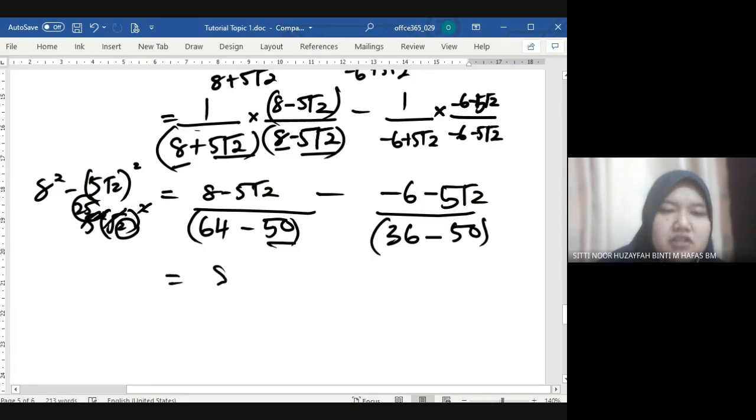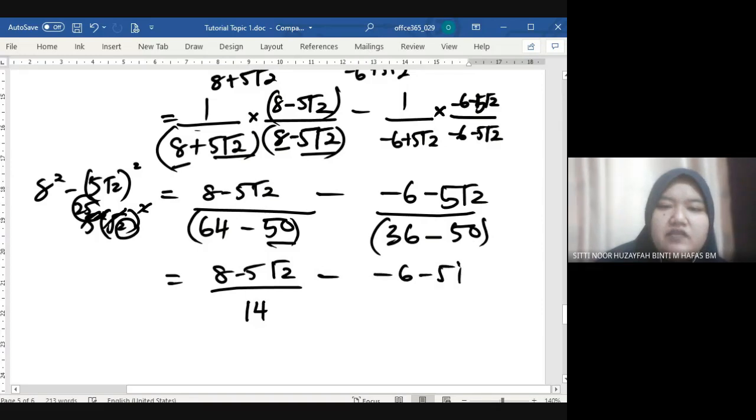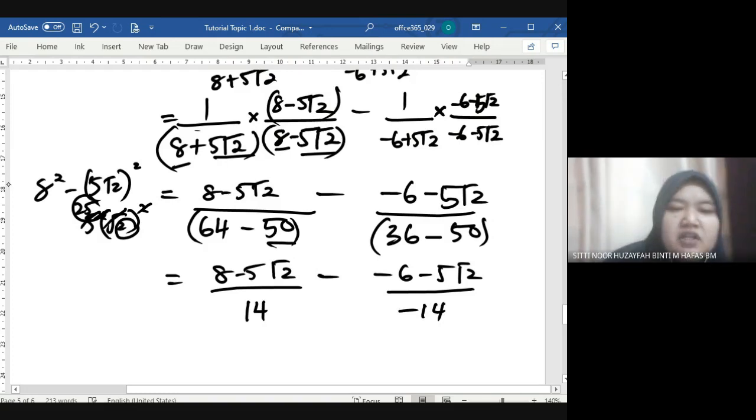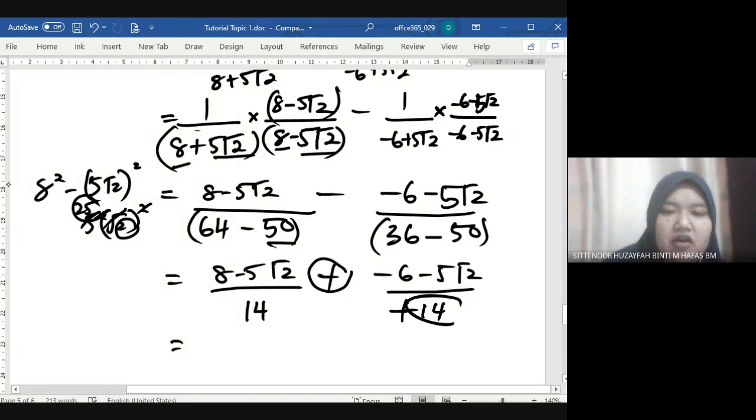So we have 8 minus 5√2 over 64 minus 50, which is 14, and negative 6 minus 5√2 over 36 minus 50, which is negative 14. So if we apply the negative on this, we will get positive. Right? Negative multiplied by negative. Only one of it. Okay, so we will get the same denominator here.